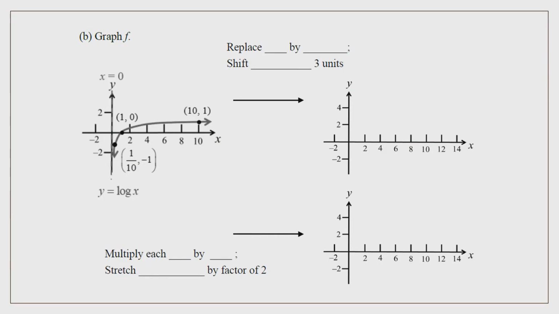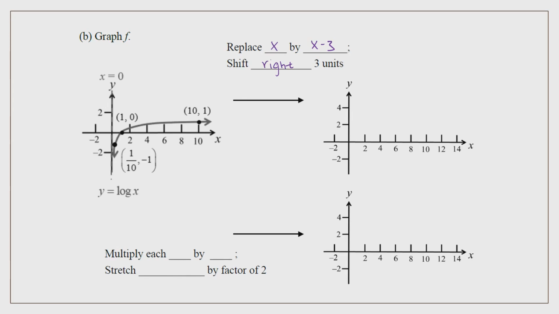So first we're going to start off with our base function, y equals log x. And we're now going to replace x by x minus 3, which means we are going to shift right 3 units. For this log function, our vertical asymptote was our y-axis, x equals 0.